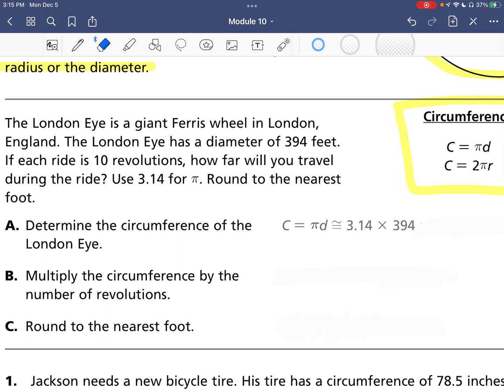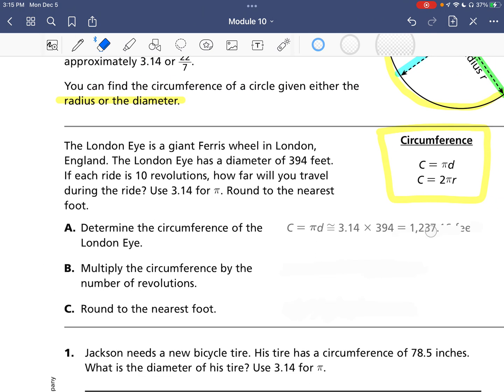All right, so again, this equals 1,237.16 feet. So that's how far you travel going once around. Multiply the circumference by the number of revolutions.